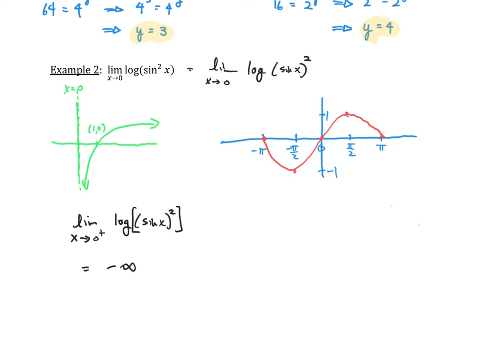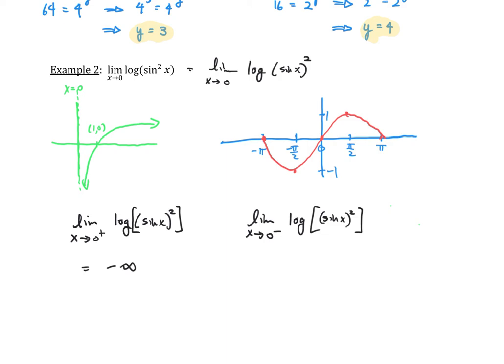What happens when I come from the left? I take the limit as x approaches 0 from the left side of the log of sine of x quantity squared. And what's happening with this guy is, I'm coming from the left side of 0. So at first, my sine of x values are going to be negative. But remember, I still have that squared there. Squaring a negative number makes it positive.